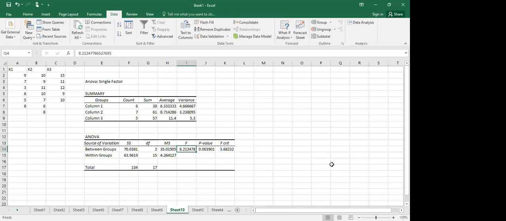So our conclusion will be, depending on the claim that we had, these populations don't have the same mean. Or sometimes you will be asked, are these samples coming from the same population? If they come from the same population, that means their means are the same. You could say the samples are not coming from the same population.